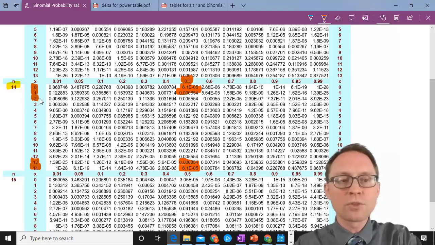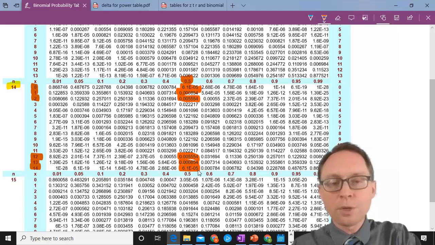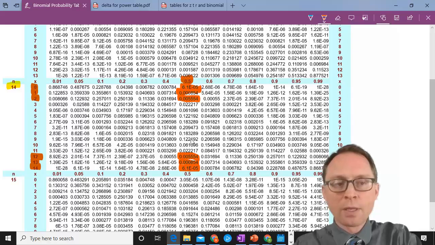Let's check 2 and 12. 2 is 0.005554 plus the probability of 12, which is 0.005554. When you add those up with the other ones that we already got, we are still less than 0.05. We are at 0.0 something, 1 something, right? Now, here's the issue.